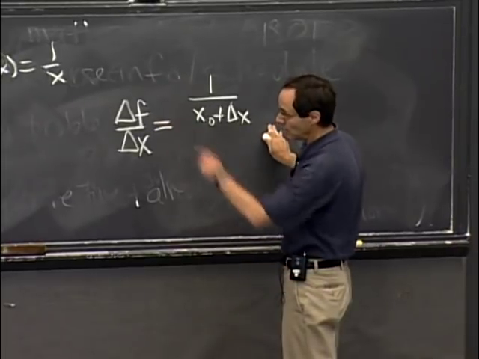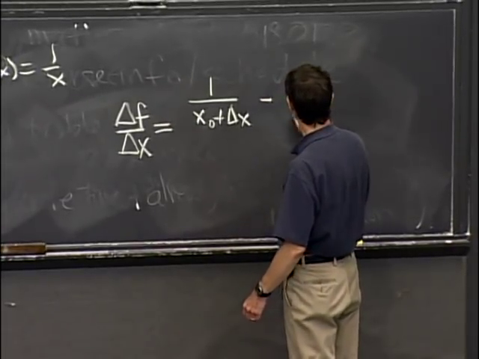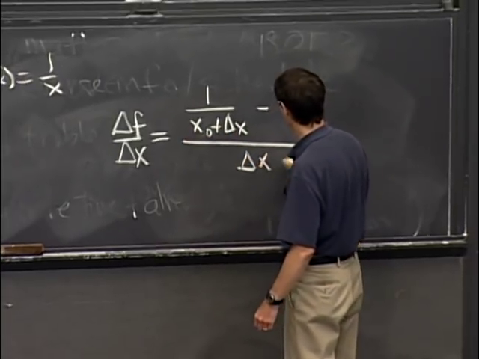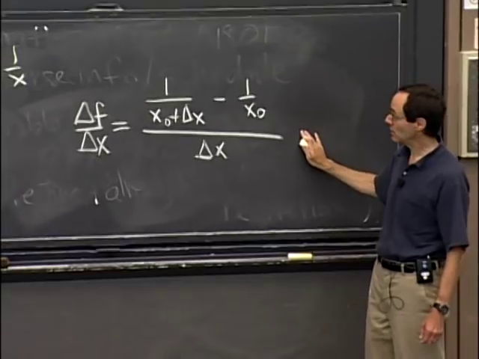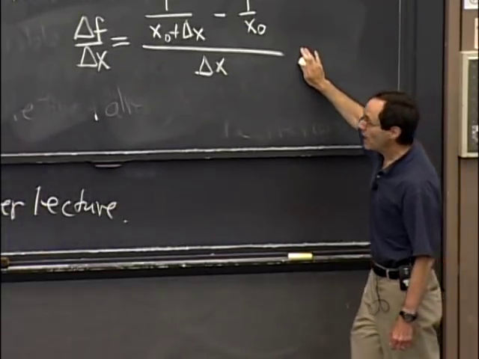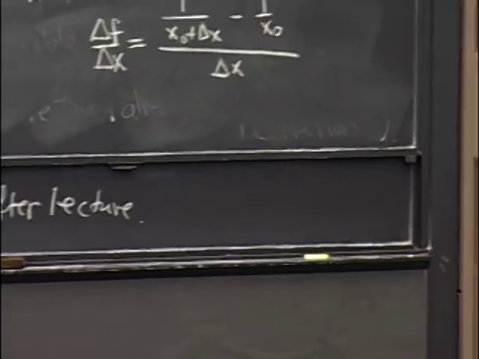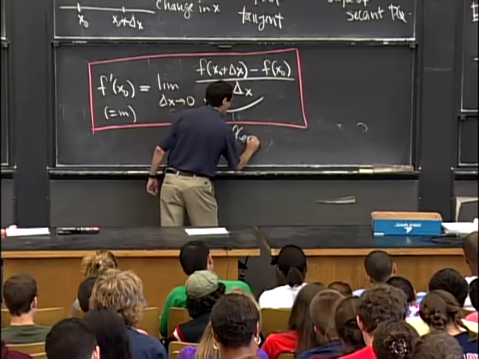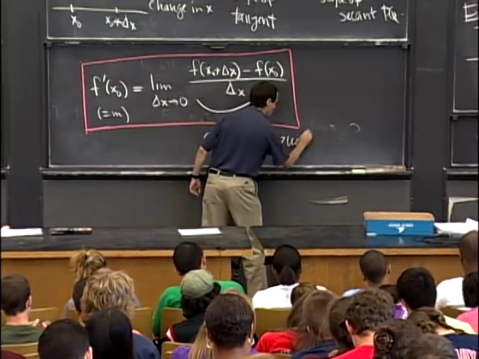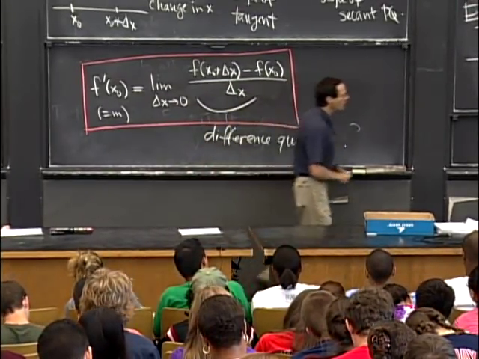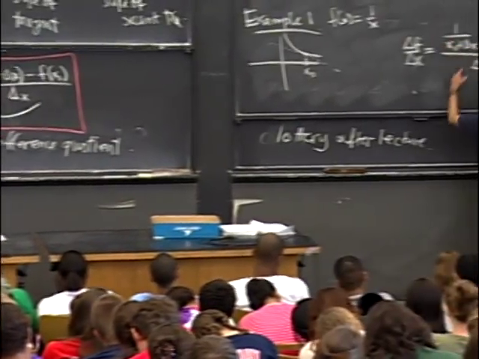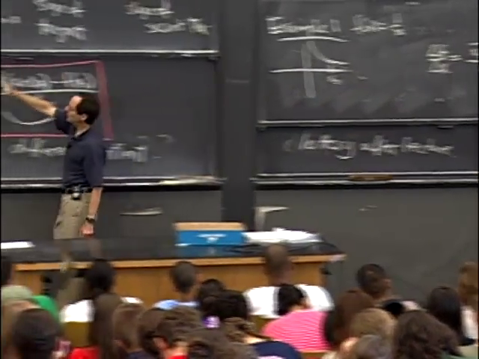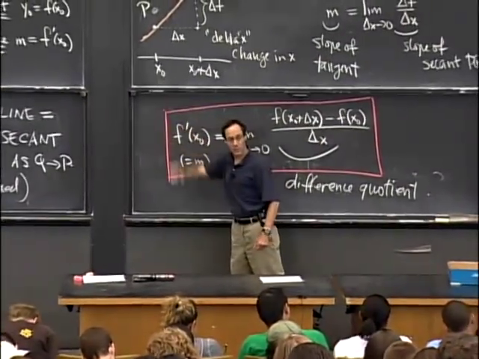That's the left-hand term, minus 1 over x0. That's the right-hand term. And then I have to divide that by delta x. Okay, so here's our expression. And by the way, this has a name. This thing is called a difference quotient. It's pretty complicated because there's always a difference in the numerator, and in disguise the denominator is a difference because it's the difference between the value on the right side and the value on the left side.